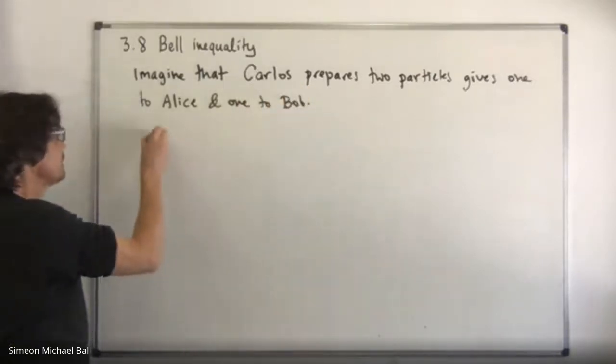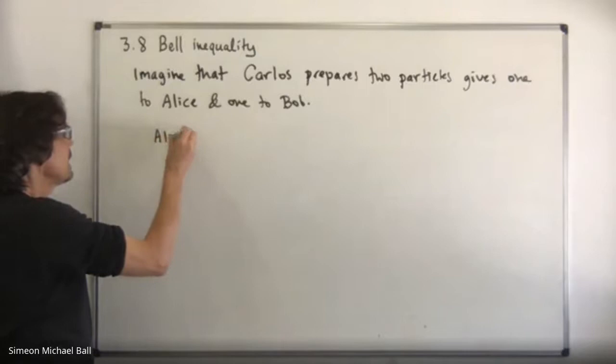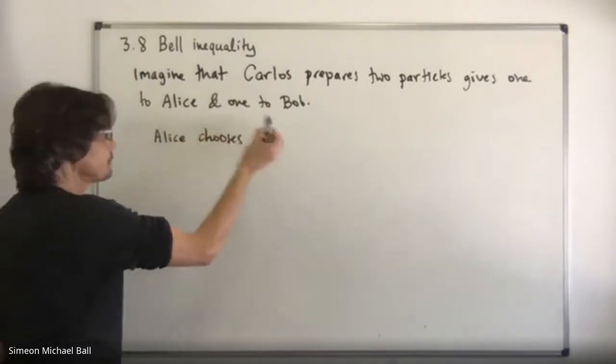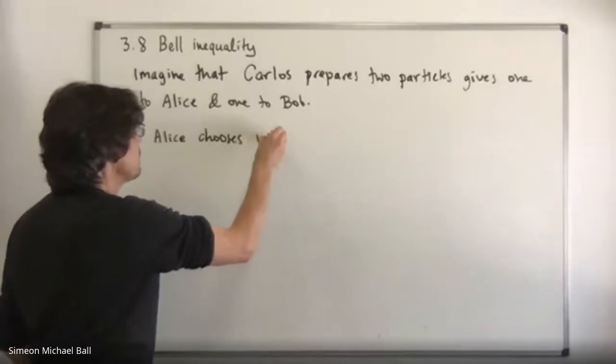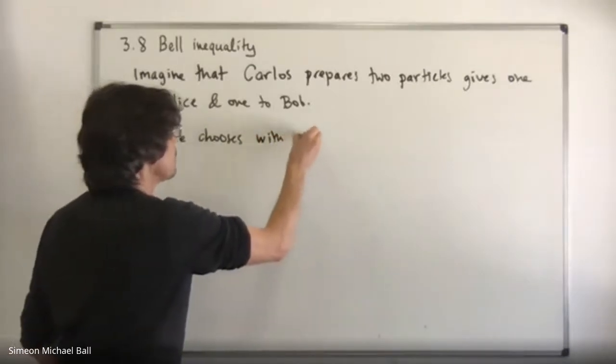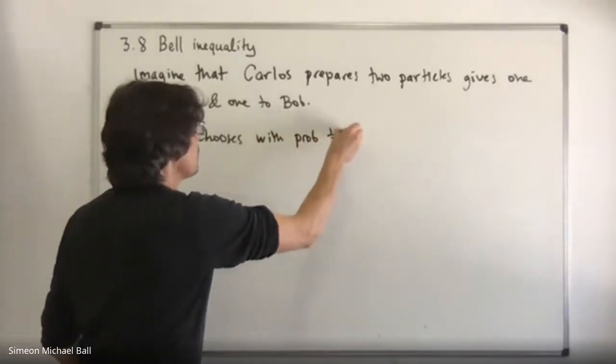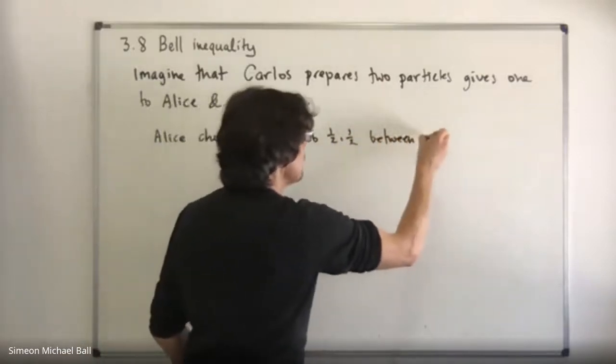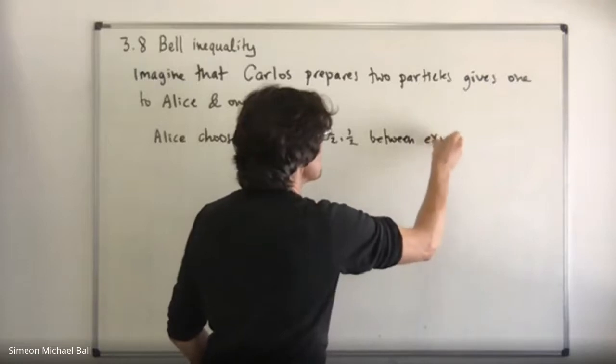Alice chooses, with 50-50 probability, between experiments.